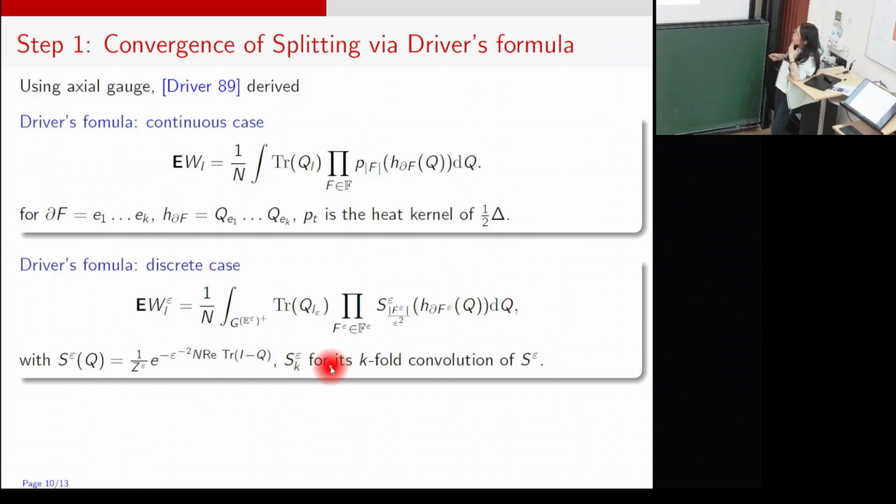So this S epsilon K is just the K-fold convolution of this S epsilon. In this case, we can see this kind of random walk should go to Brownian motion. So this gives us that the convolution of this S epsilon should converge to this heat kernel. So this means this discrete Wilson loop will converge to this continuous one.